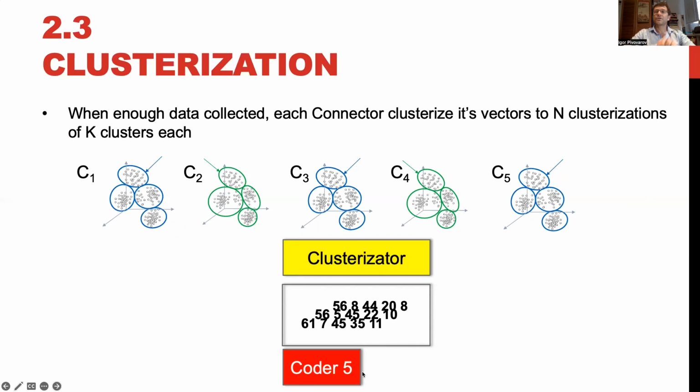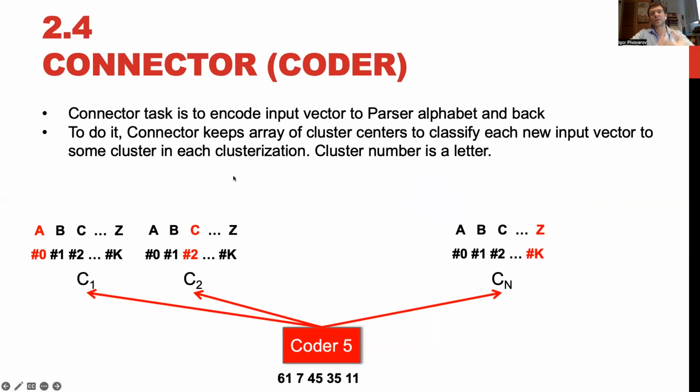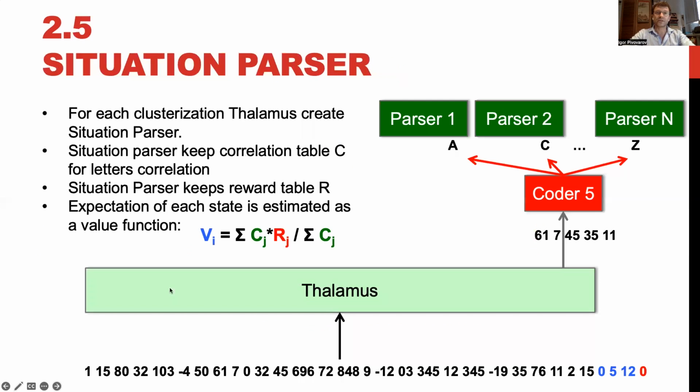After clusterization, all these vectors are clustered into different clusters, and you can think about each cluster as a letter. So if the vector set is divided into 30 clusters, then we have 30 letters. These letters are then passed to the parsers.